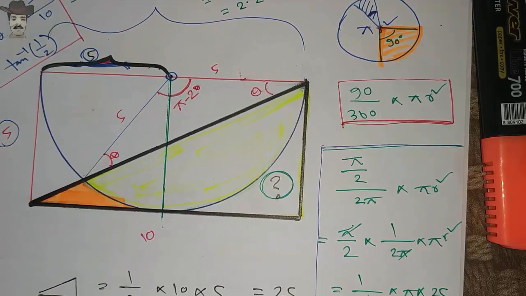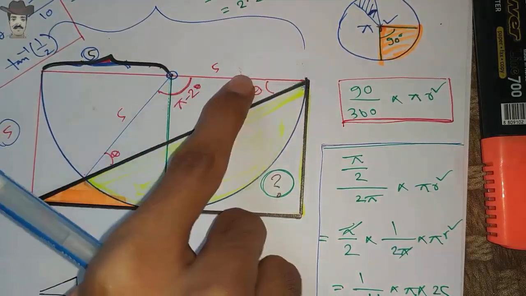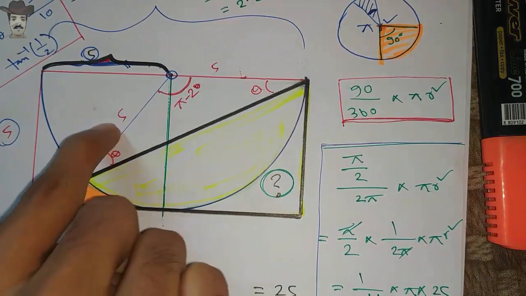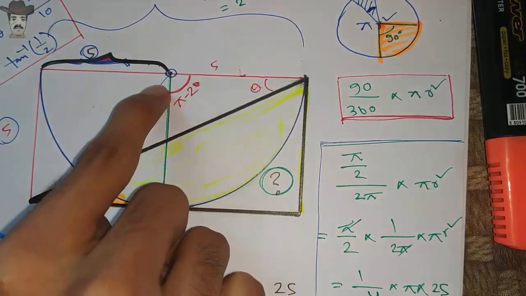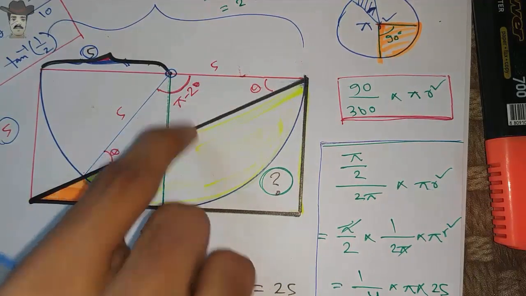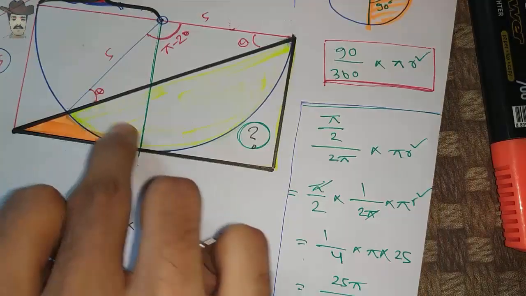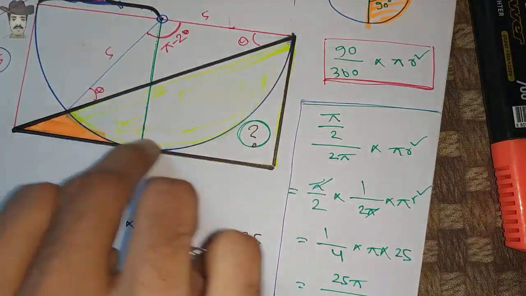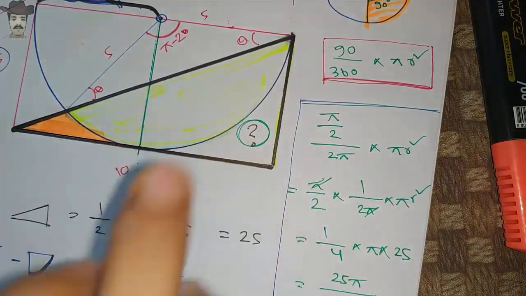Now we can say what the area of this isosceles triangle is. As we see, these two sides are 5 and 5, and the angle between them is pi minus 2 theta. What we are trying to do is get the area of this green region.